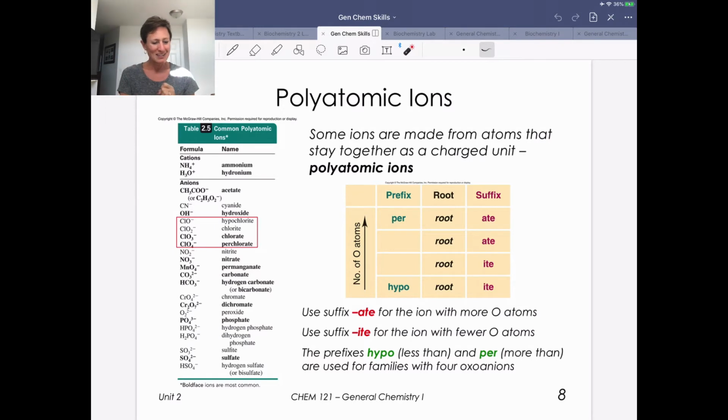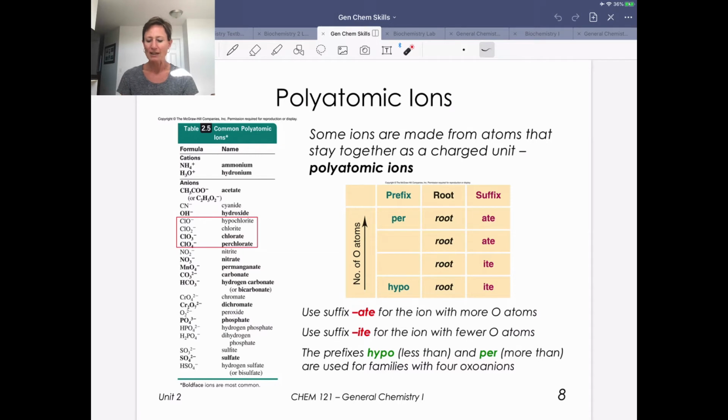One other thing, it's not on this table: chlorine is a halogen. There are 3 other halogens that could do this. We could see brom for bromine being in there, or we could see iod for iodine being in there. So there's actually a total of 12 different halogen-oxygen species that we could see.